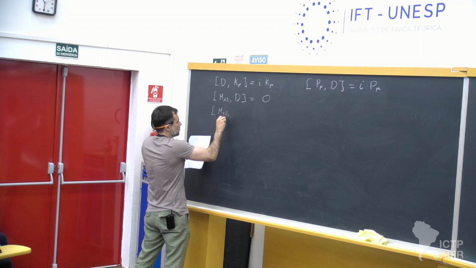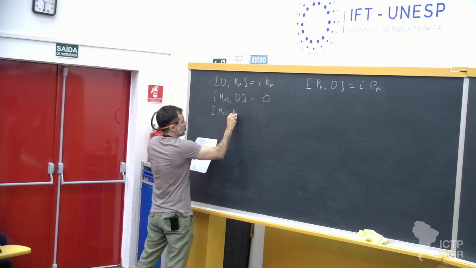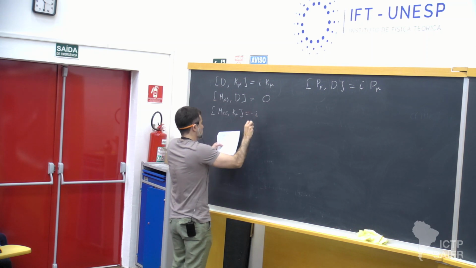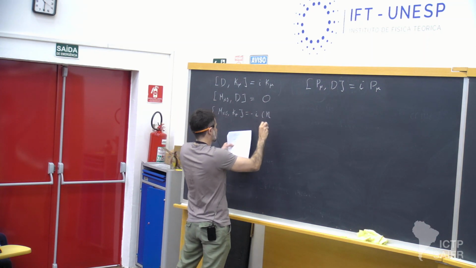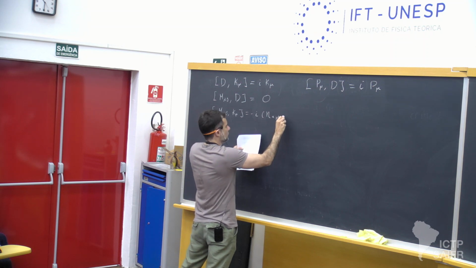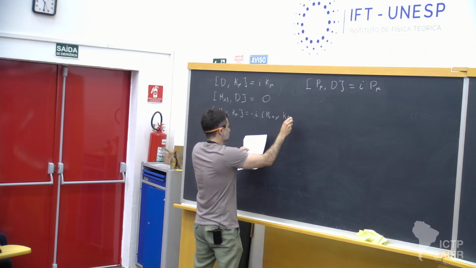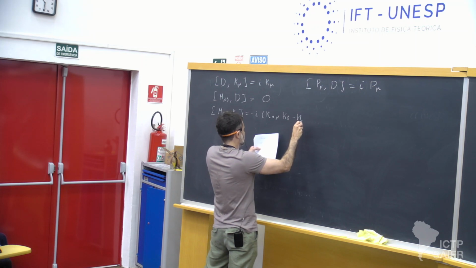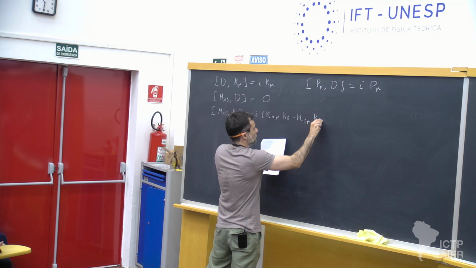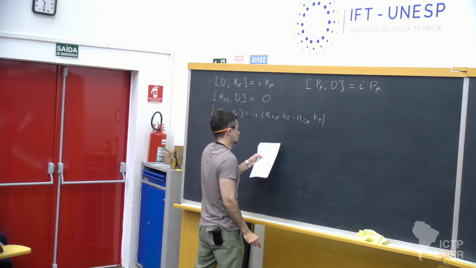But what I want to keep from this discussion is something slightly different. So you will have an eta alpha mu K beta minus eta beta mu K alpha.